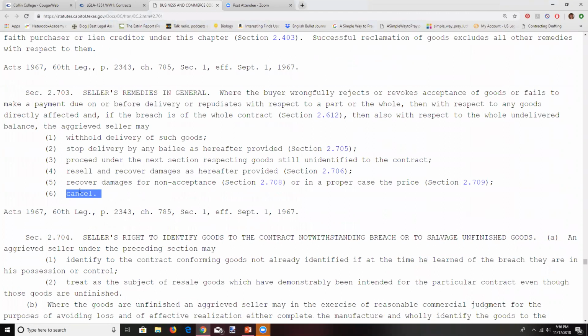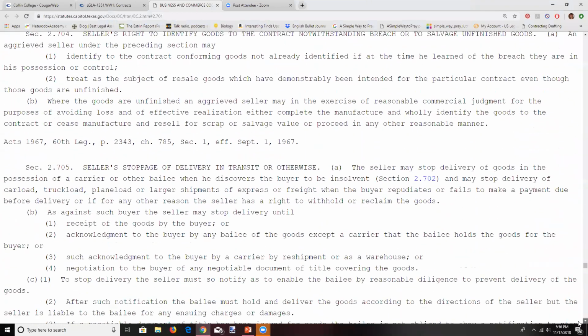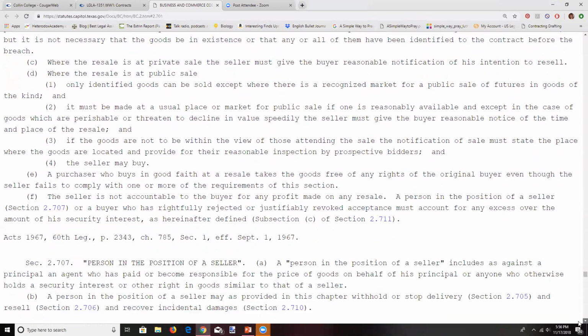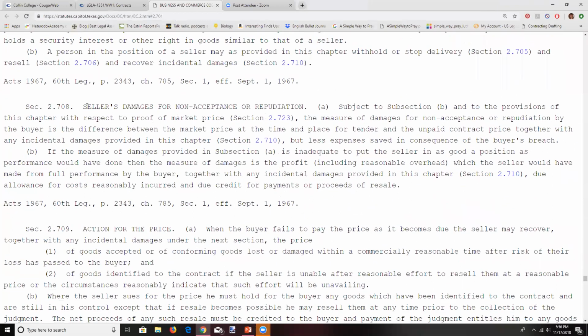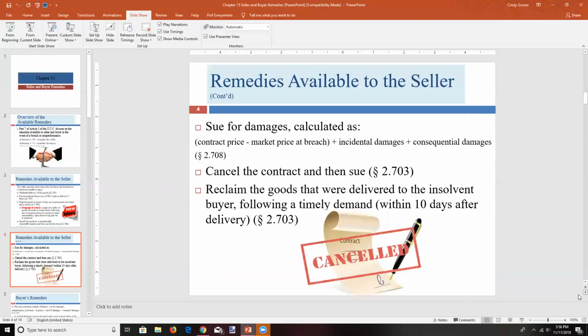Cancel the contract, resell, and recover damages. And we have the seller's damages for non-acceptance or repudiation. So all of this is our version of the UCC, basically the version that we're looking at in the text.